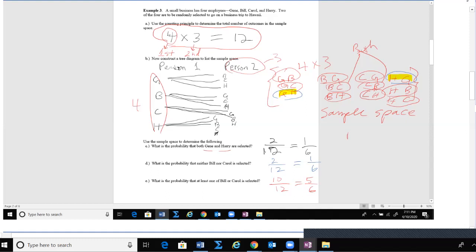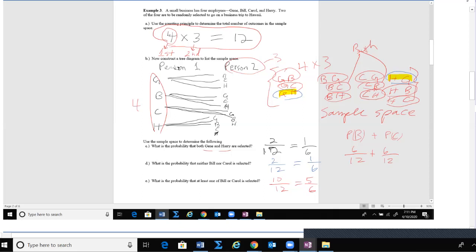So the probability of Bill is 6 out of 12. Okay. If I just add the probability of Carol, I count those 1, 2, 3, 4, 5, 6. 6 of those. Now, if you added these, you'd have a 1.